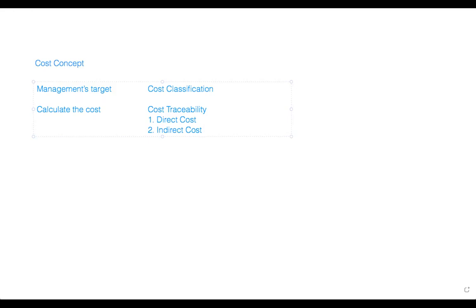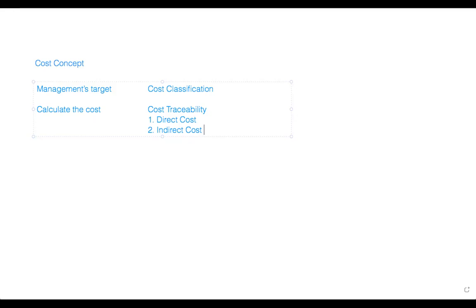I'm pretty sure that everyone knows what a cost is, so I'm just going to give brief information about that. The cost is actually cash or cash equivalent value sacrificed for goods and services that is expected to bring current or future benefits to the organization. So that was the meaning of the cost, right? We also know another thing, the cost object.